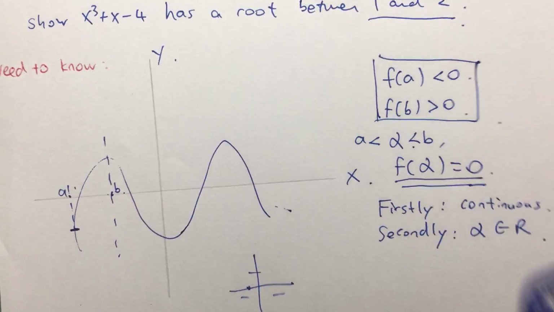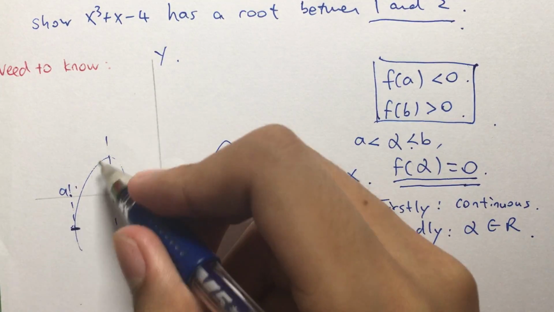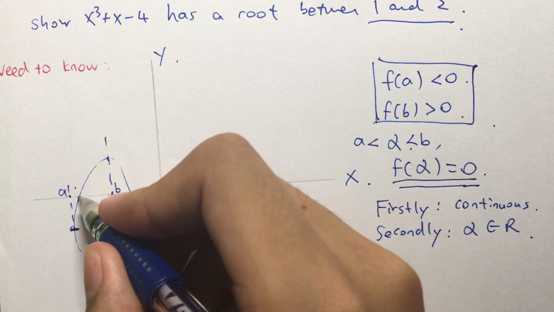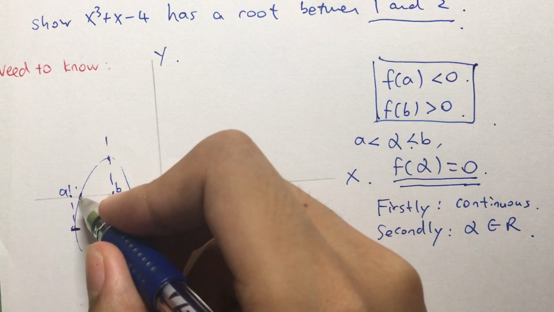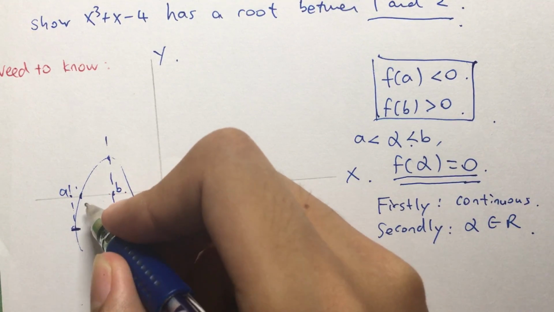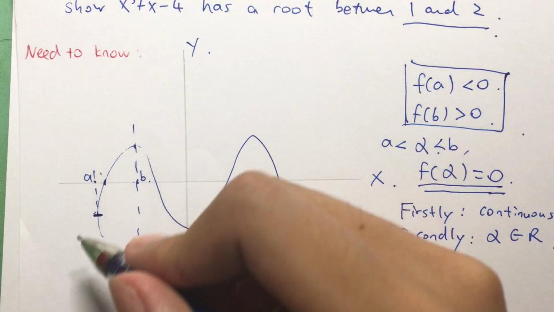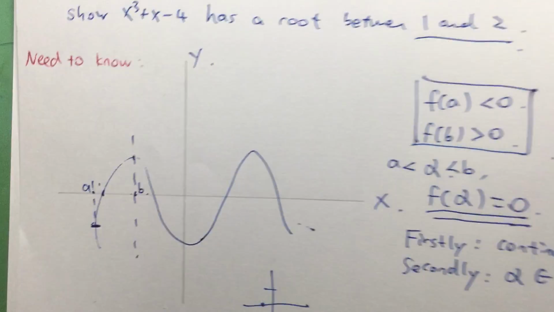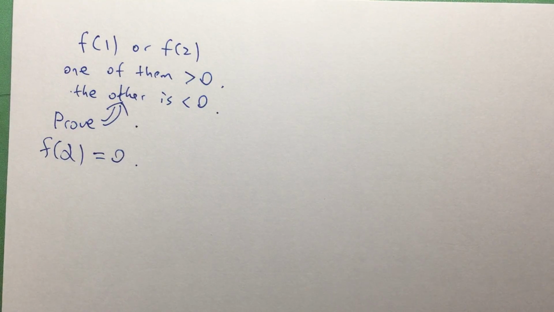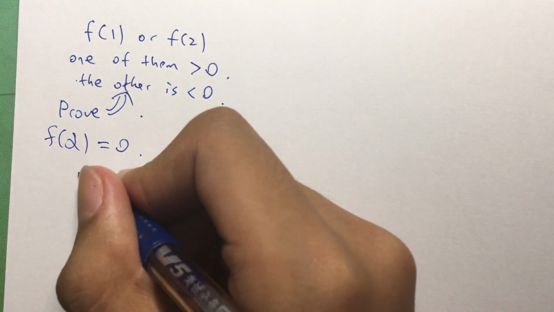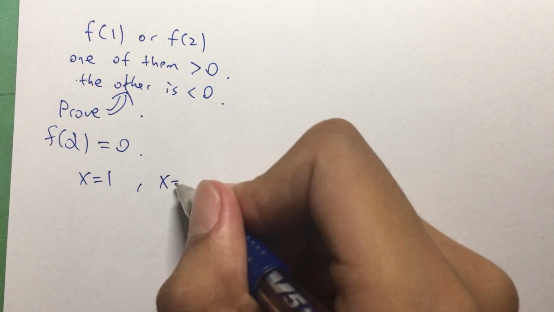From this point to this point, there must be a point in the middle where the y value is equal to 0, because it has to pass through the x-axis.